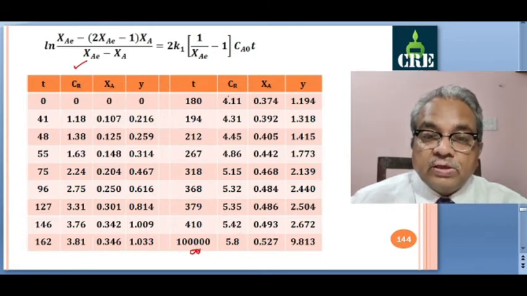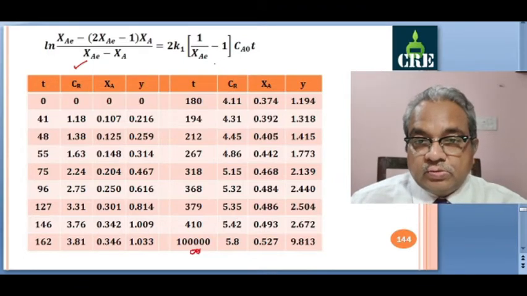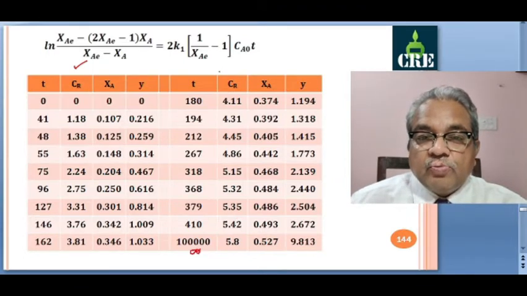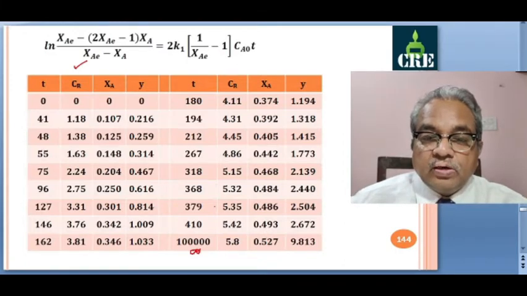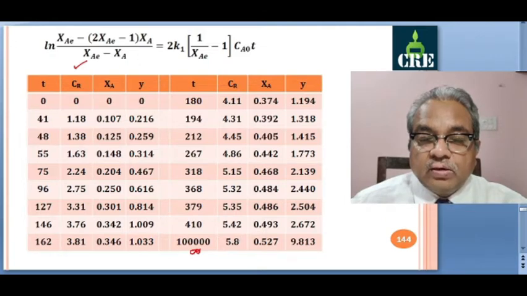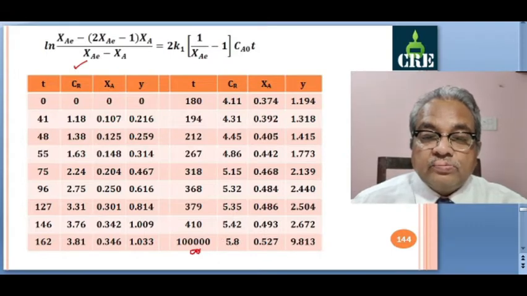Now if the reaction is irreversible, we are starting with 5.5 moles of A and 5.5 moles of B, so we would get in the end, at time t equal to infinity, 11 moles of Cr. But we are not getting that. That means the equilibrium conversion value we can find from this concentration.